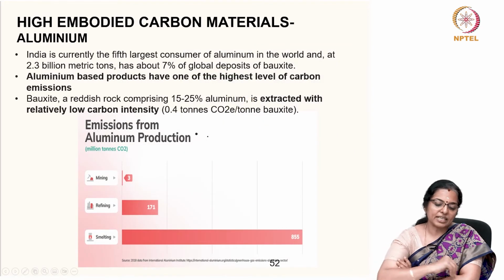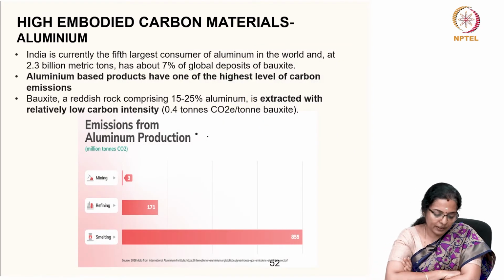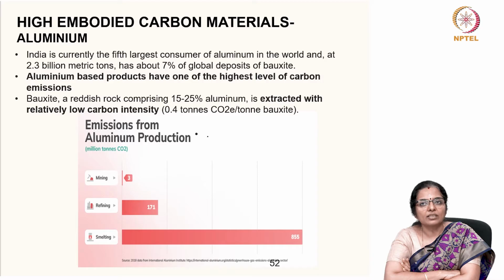The next material we see is aluminum. India is currently the 5th largest consumer of aluminum in the world. Aluminum based products are extremely carbon intensive because the highest carbon emission is involved in their manufacture.